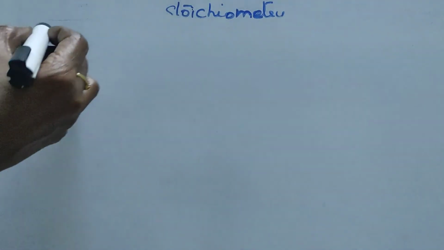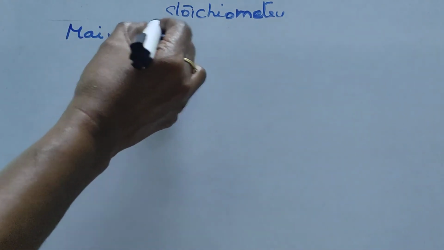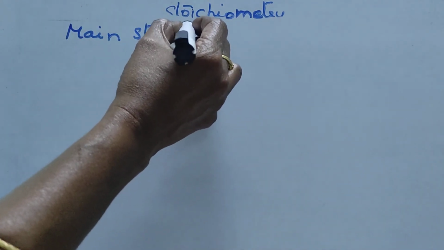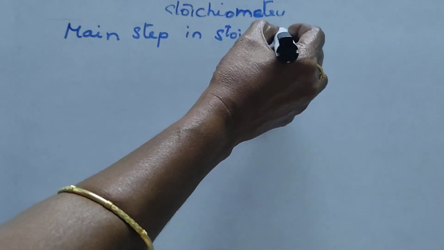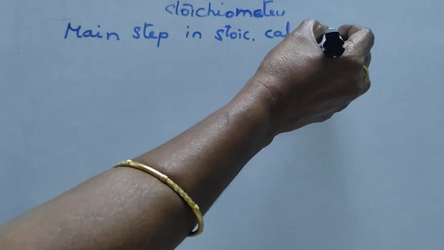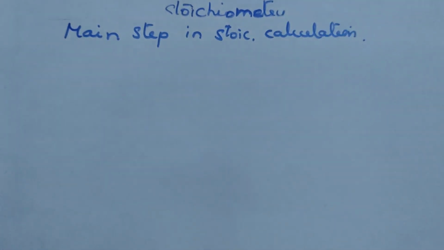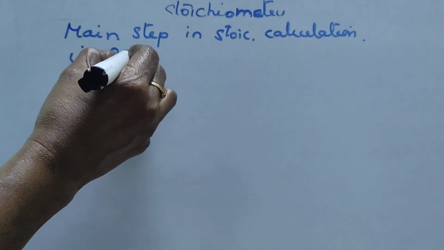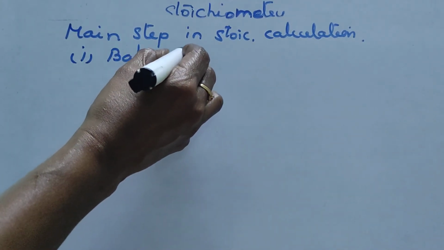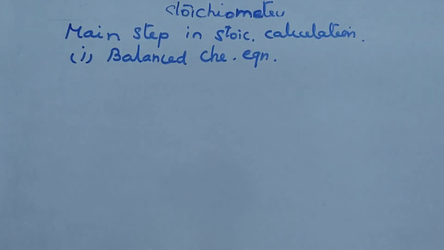The main steps involved in stoichiometric calculations. In stoichiometry calculation, first step, you should write the balanced chemical equation. Balanced chemical equation, first it should be written.